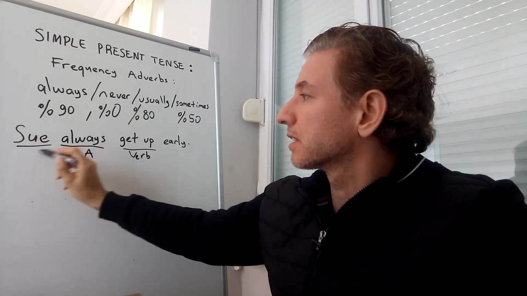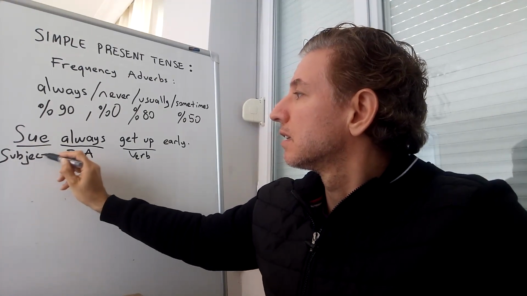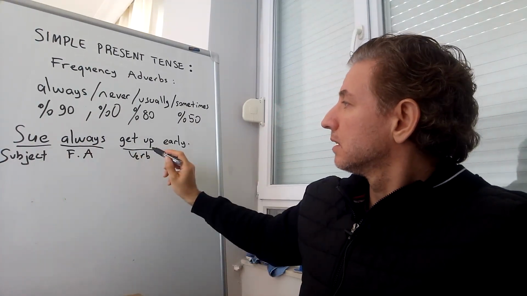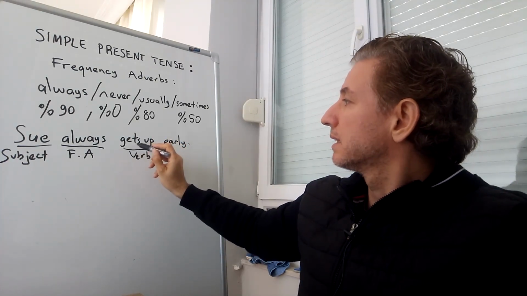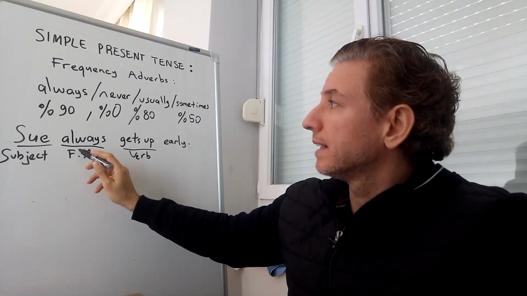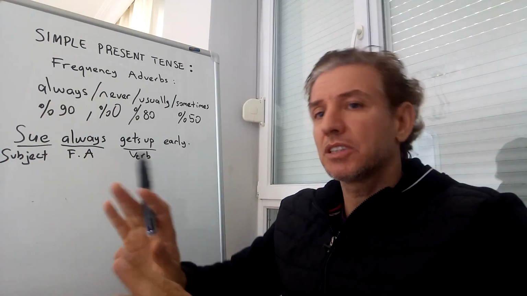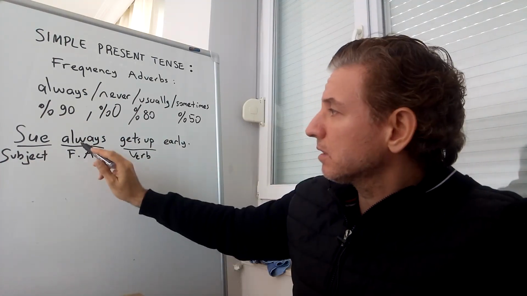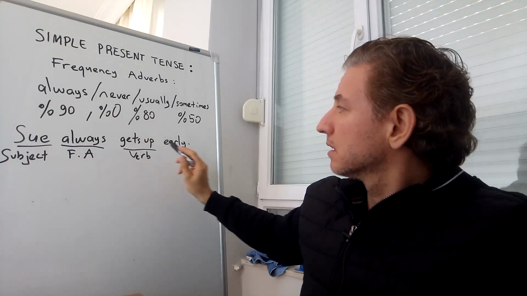I am the doer, for example. Subject. Sue gets up early. But how many times a year? Always. That means 90%. 10% she doesn't do, but 90% she does.